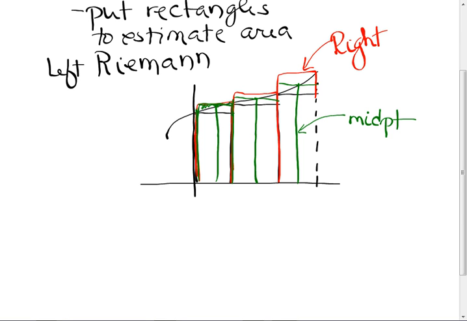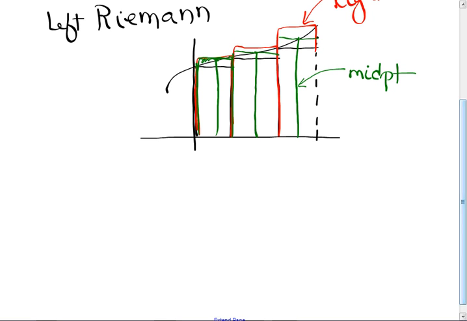Then in section 2, we define an integral. Again, it's still using rectangles, more or less. And so the Riemann sum, we call it definite integrals.